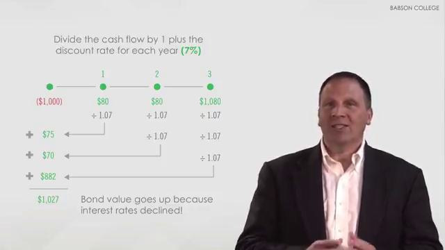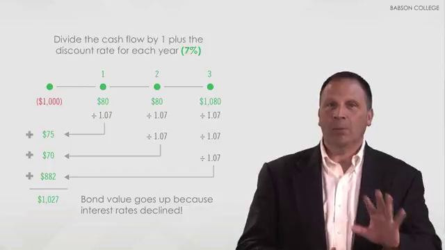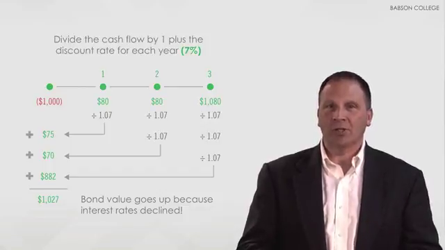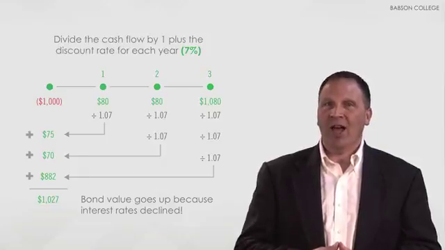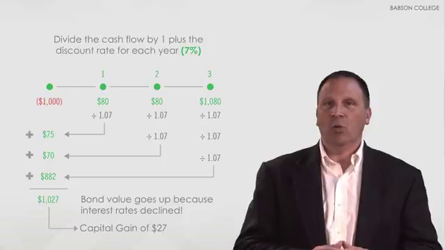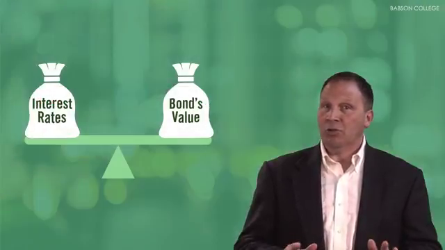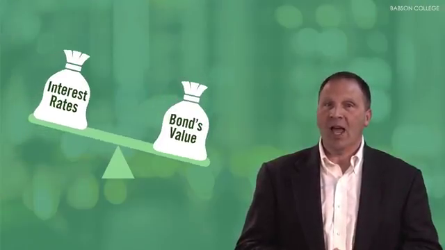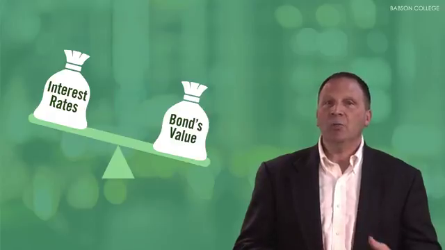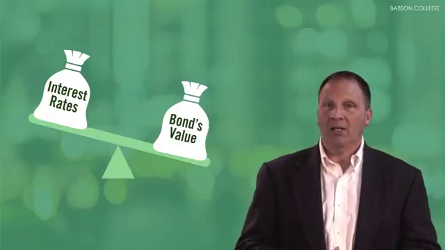So now if you wanted to sell the bond to someone else, they would need to pay you $1,027. If you take a step back, the bond was worth $1,000 and is now worth more. So in addition to the interest payments of $80 per year, the bond has a capital gain of $27. If interest rates had gone up instead of down, then other newly issued bonds will be paying more than your bond, so your bond's value will go down.